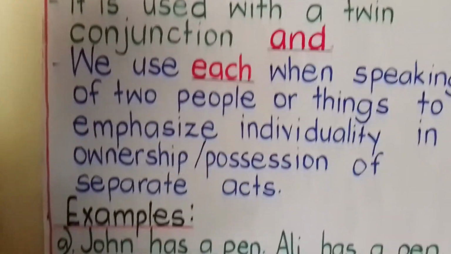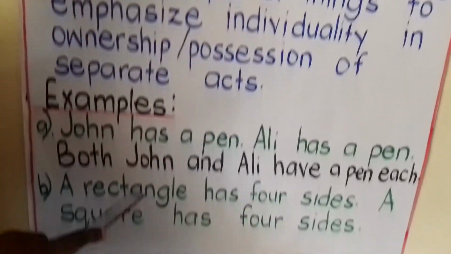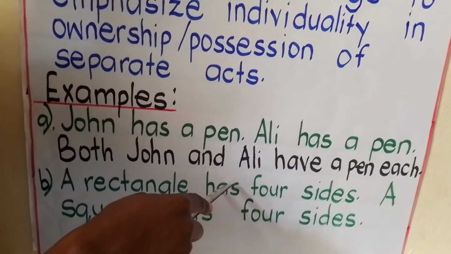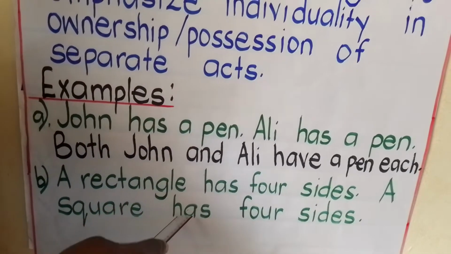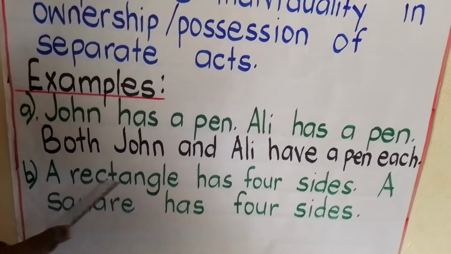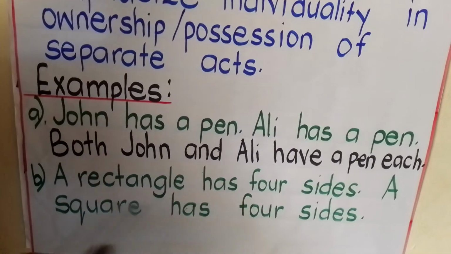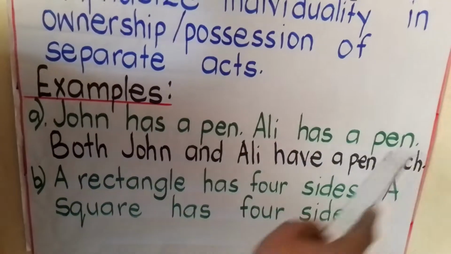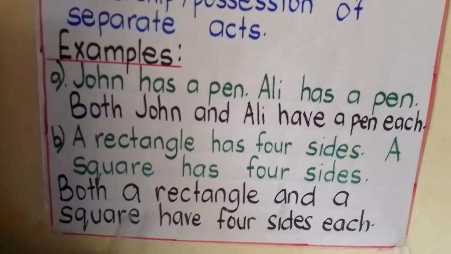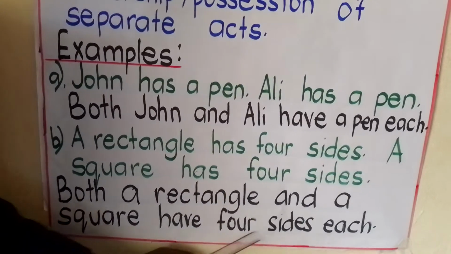And so we shall say: both a rectangle and a square have, the helping verb has changing to have, since we are talking about two subjects. So we say both a rectangle and a square have four sides each.